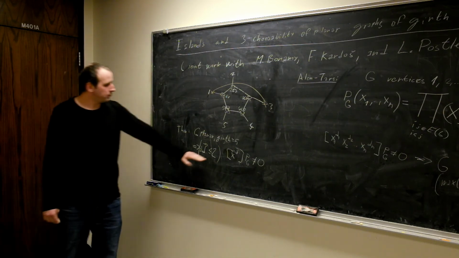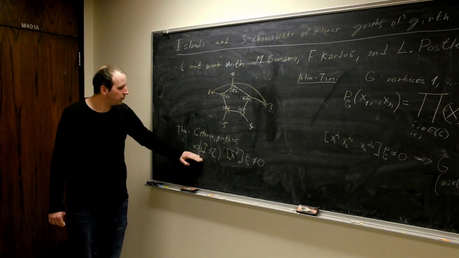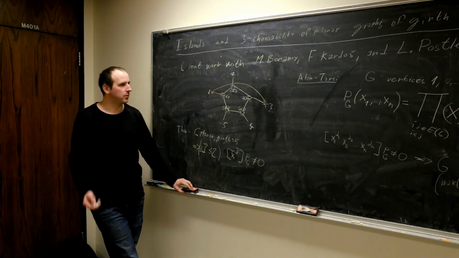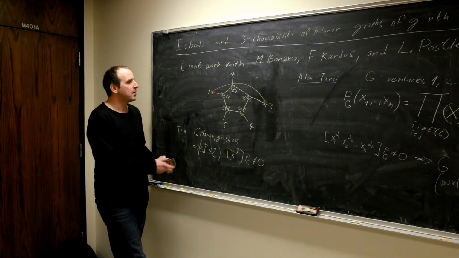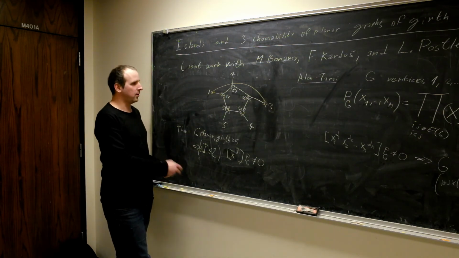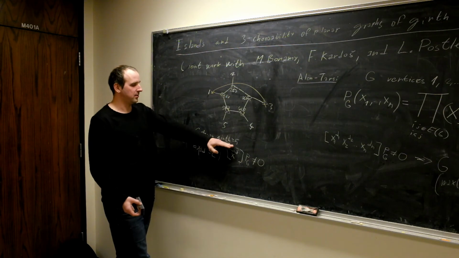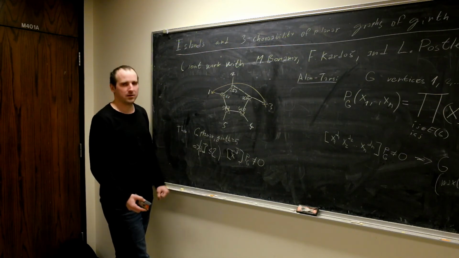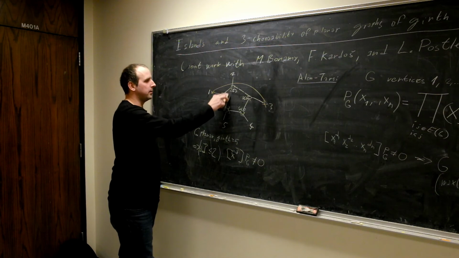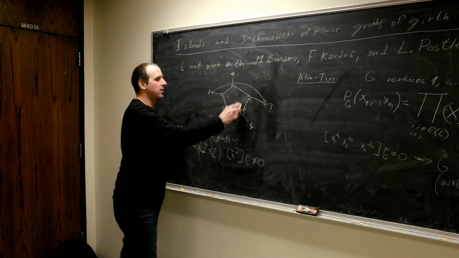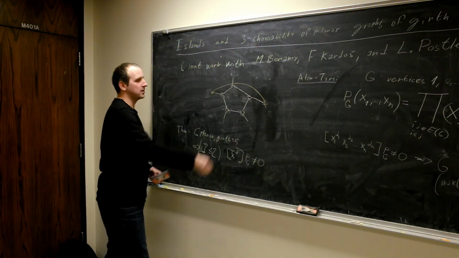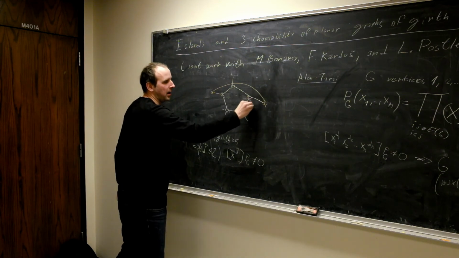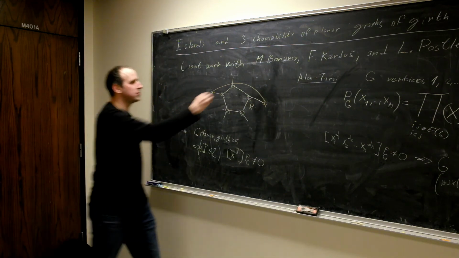And now we will prove this via reducible configurations. So let's say what we will prove is that I have this graph G, and in it I have such a 5-cycle. Let's call this 5-cycle R. It will be our reducible configuration.